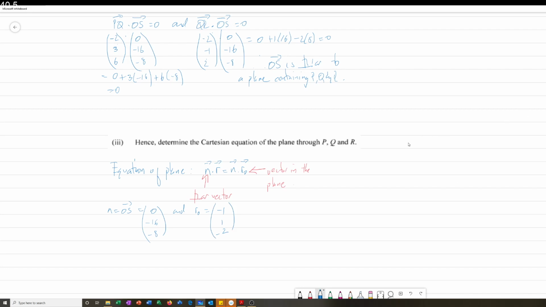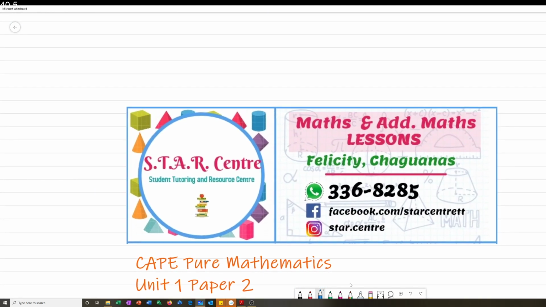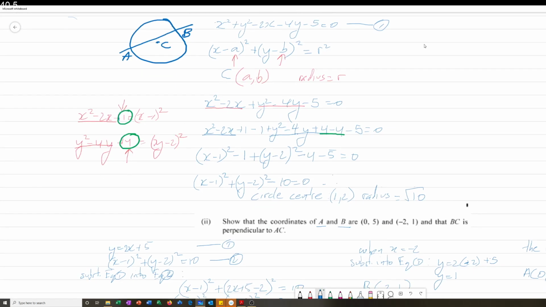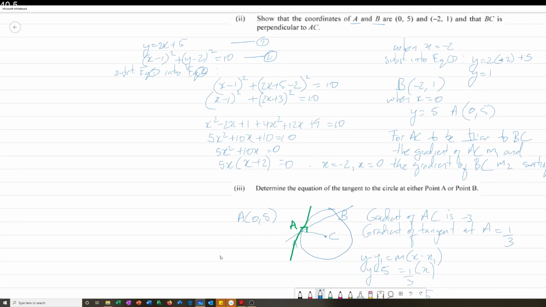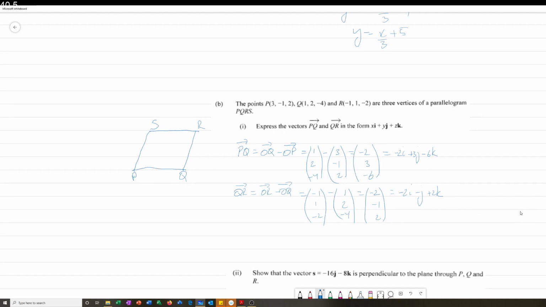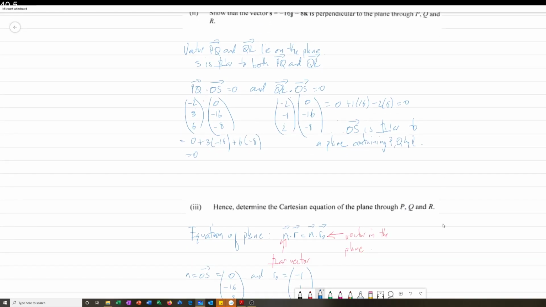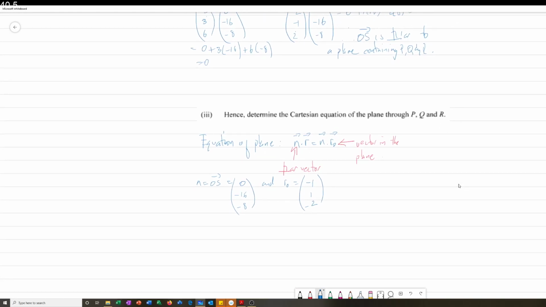Okay, so this r naught is, oops, sorry about that. Let me just find my way back. That's the point R. So I'm just using the point R, which is in the plane. So this is really OR. Okay.